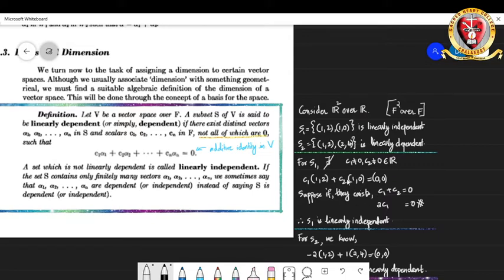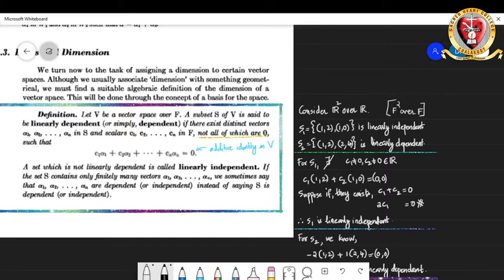If they exist, that means this equation is satisfied. That means C1 plus C2 is equal to 0, and also 2C1 is equal to 0, so C1 will be 0. But we need them to be non-zero, so it is a contradiction. That means S1 is linearly independent.